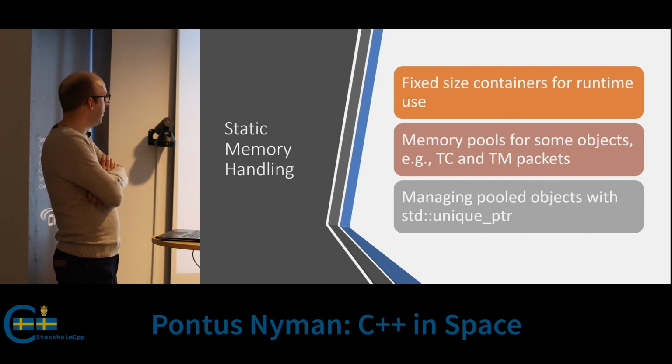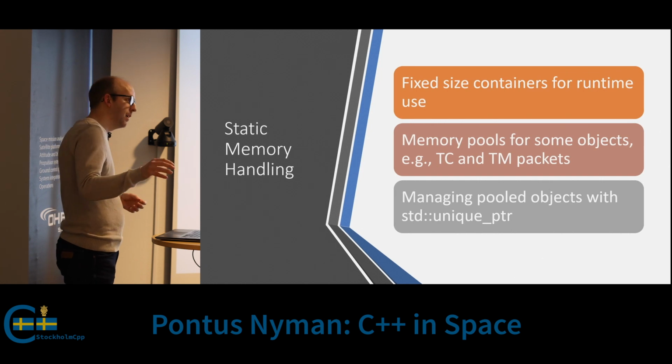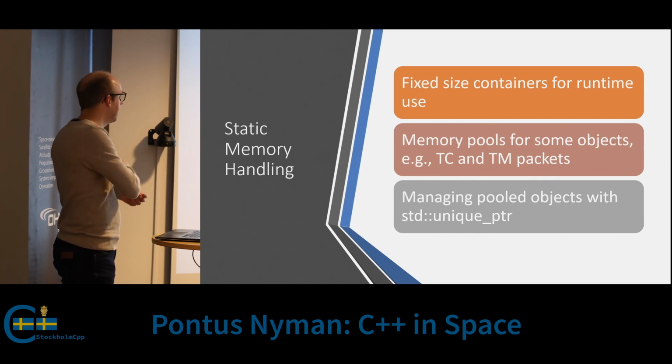And we do use memory pools for some of the objects. The telecommand and telemetry packets are used everywhere, so they come from a memory pool and are sent through the code.